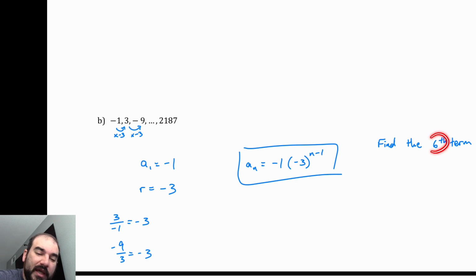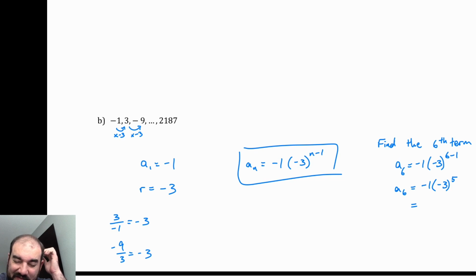We can just plug in 6 for our n and say, okay, well, a sub 6 will be -1 times -3 to the 6 minus 1. So n becomes 6, and a sub 6 equals -1 times -3 to the 5th.